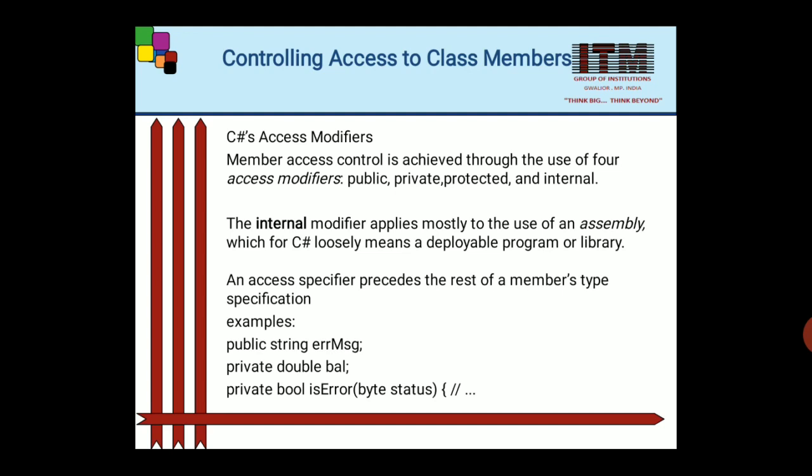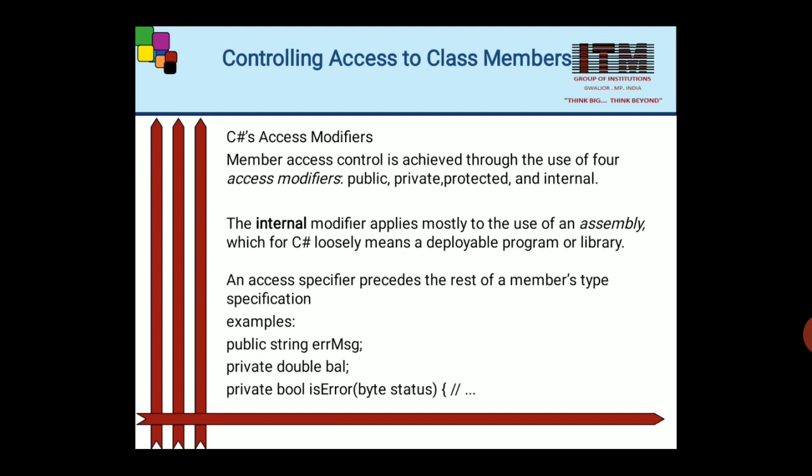If no access specifier is used, then a class member is private to its class by default. So the private specifier is optional when creating private class members.